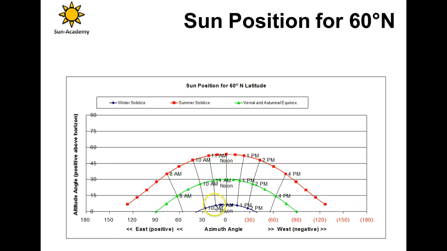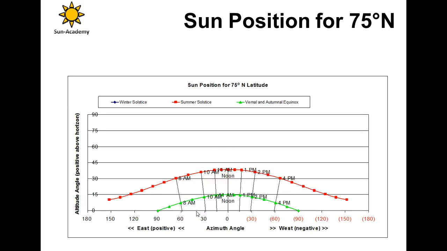As seen by the blue line, there is 10 a.m. and below is 9:30. At 75 degrees north on the winter solstice, the sun does not rise at all. The blue line is not visible. The sun remains below the horizon.